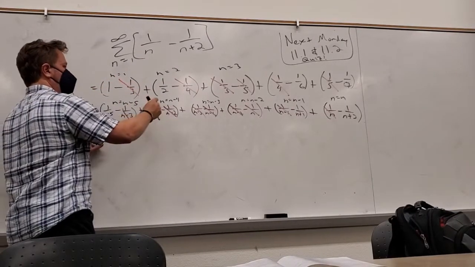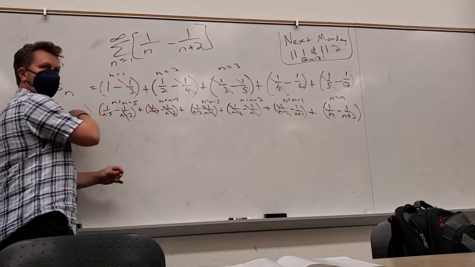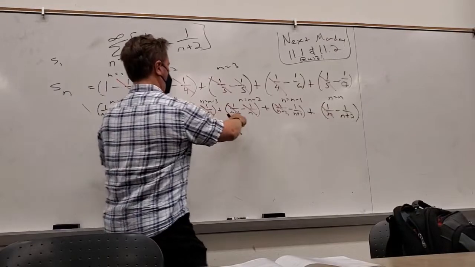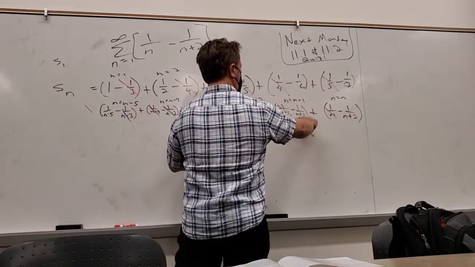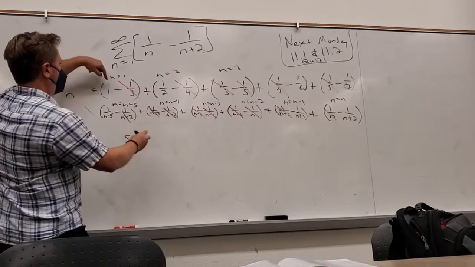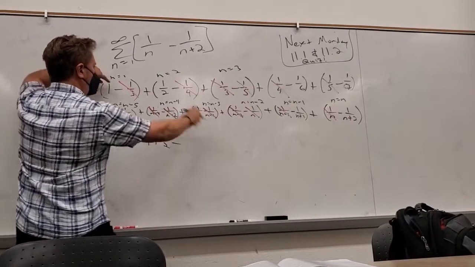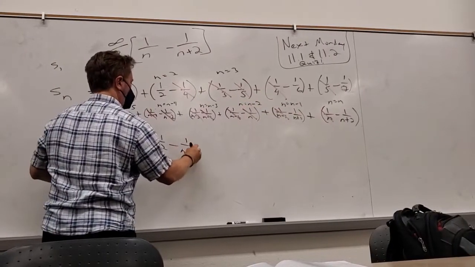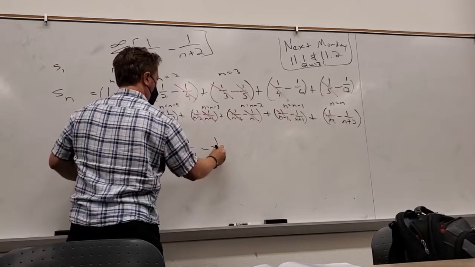When you start to catch, okay, that's going to cancel over here, right? So I don't have to go any further. What's left alive at the end? Yes? So what's Sn? It'll be 1 plus 1/2 minus 1 over n plus 1 minus 1 over n plus 2.